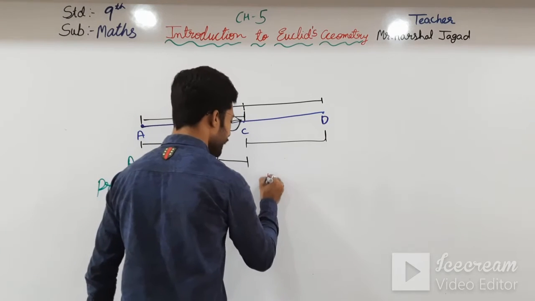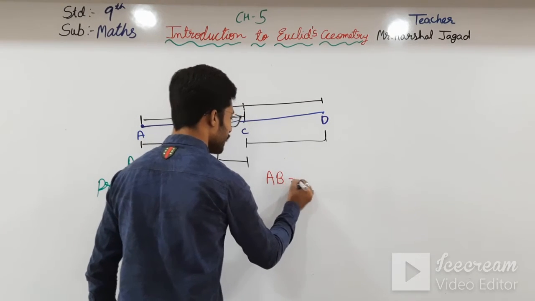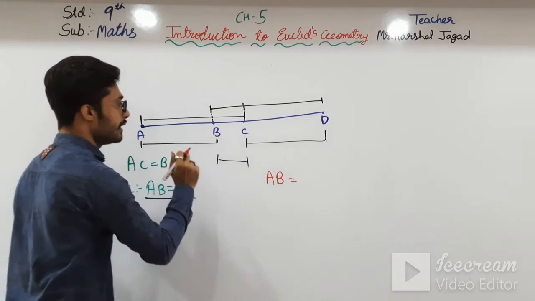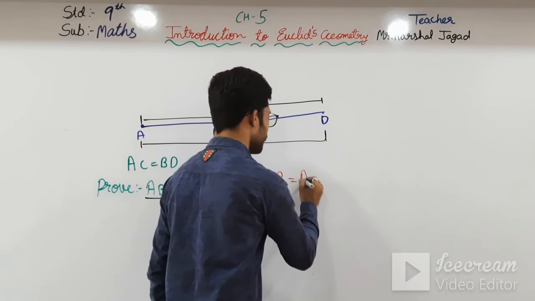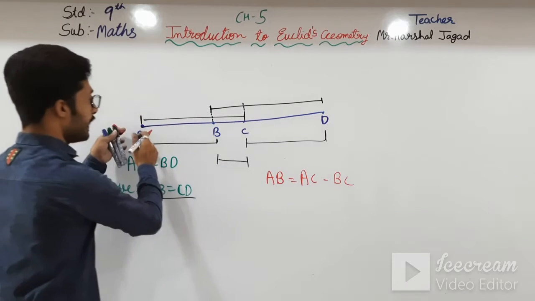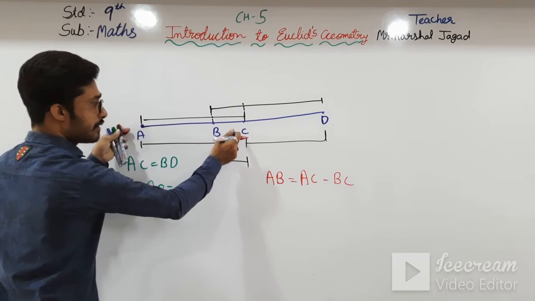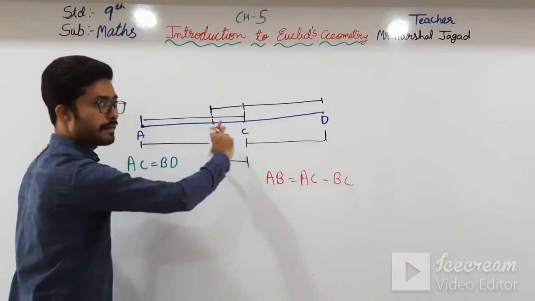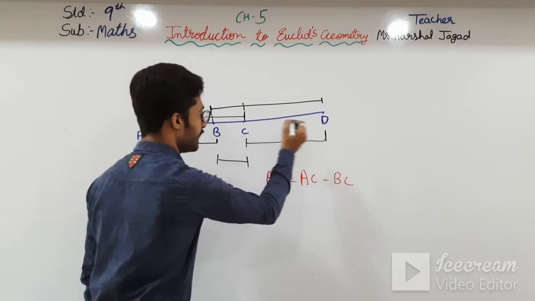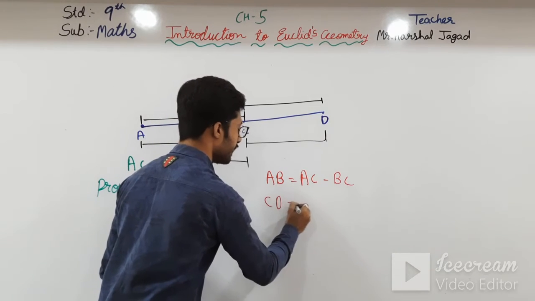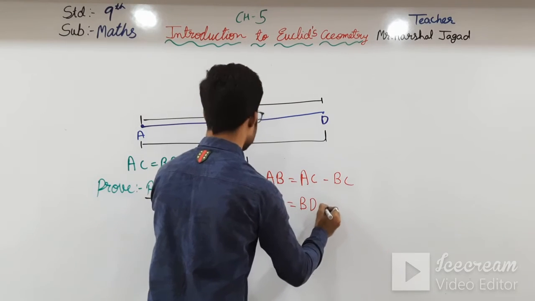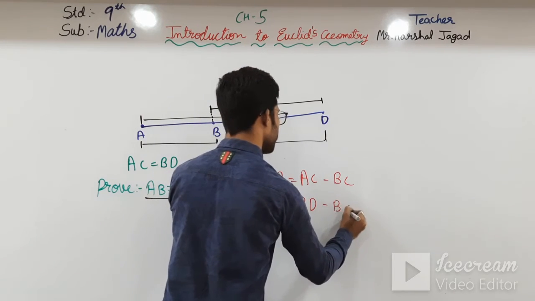See here, I am just writing over here. So line AB, how can we find line AB? Line AB is AC minus BC. This much part, if I cut it, then I will get AB. And how can we find CD? We can do BD minus BC.